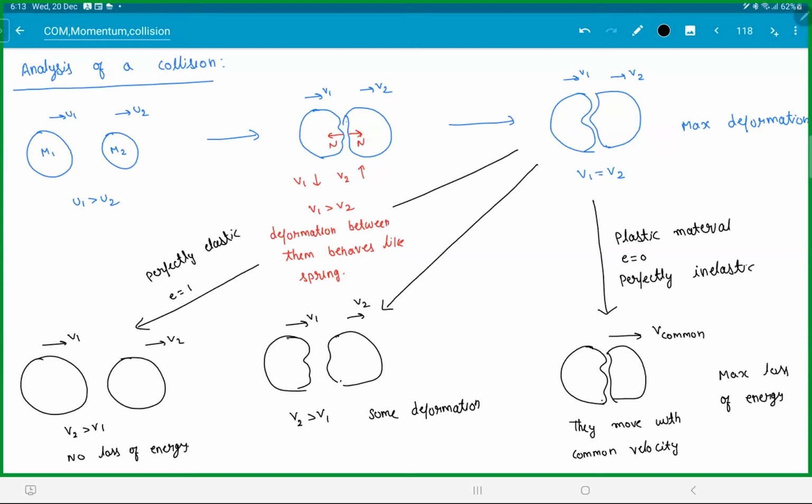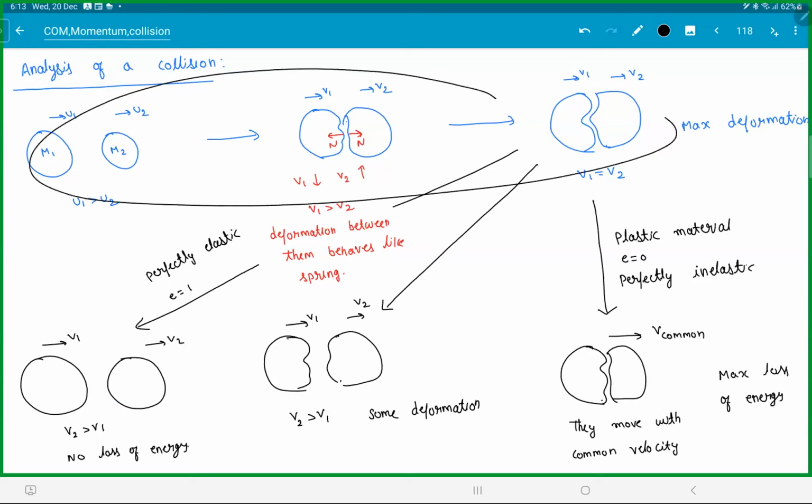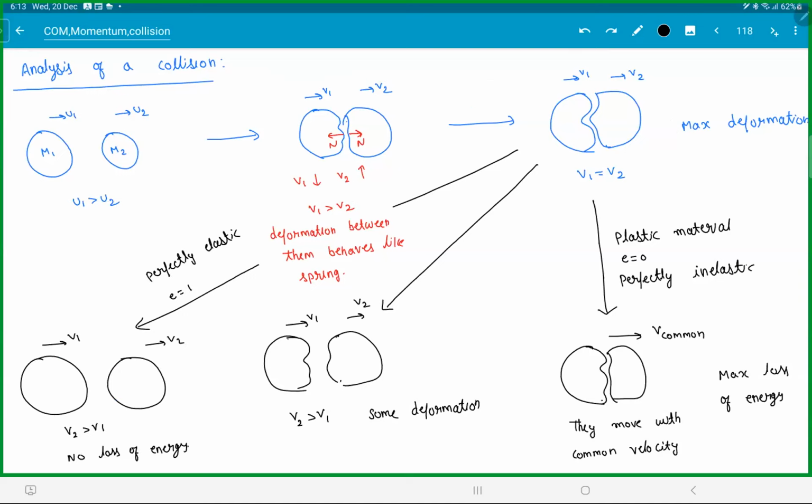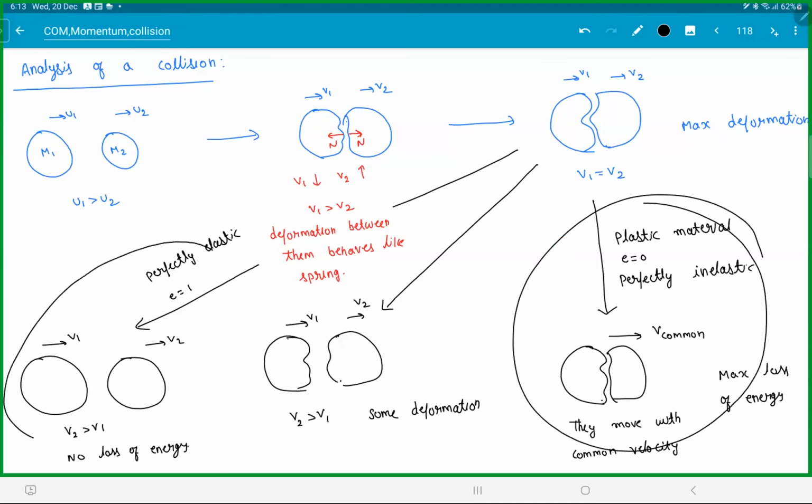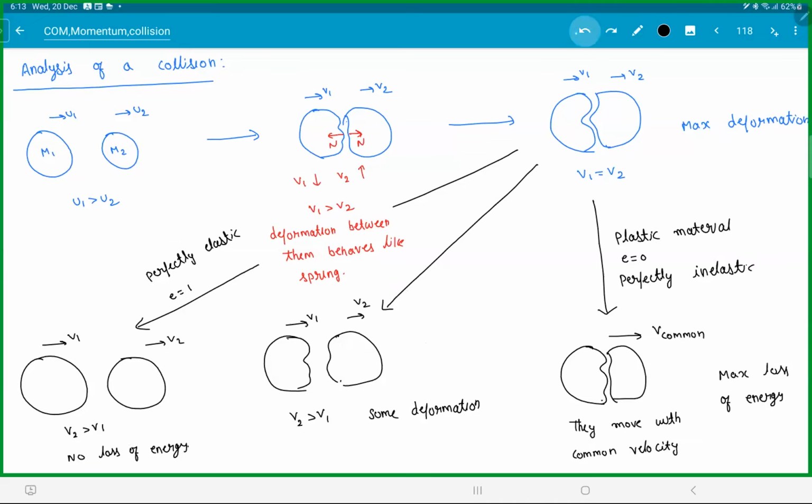Now, no matter which collision it is, this process is same. What happens after this will depend on the type of the material. If you're dealing with plastic materials, this is the scenario. If you're dealing with perfectly elastic materials, this is the scenario. Somewhere in the middle, this is the scenario. Please check this page.